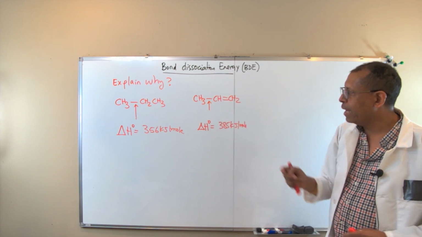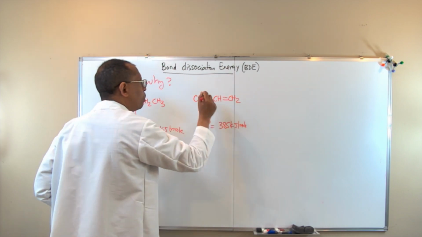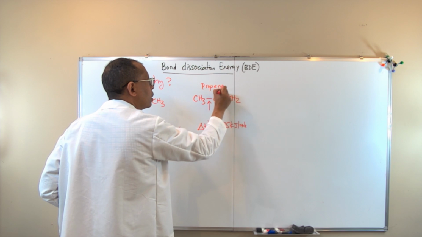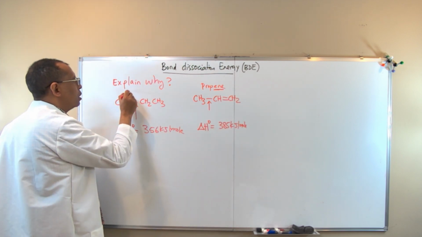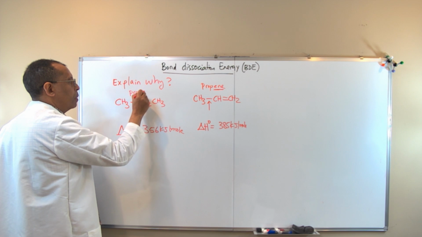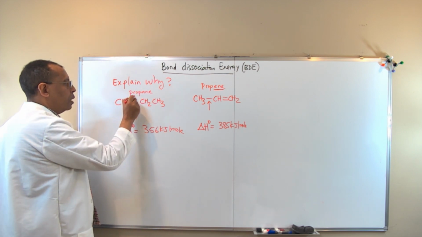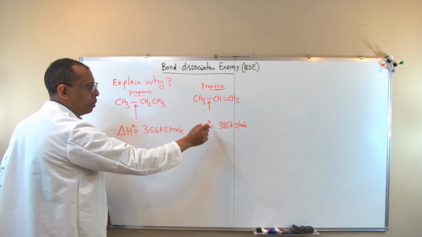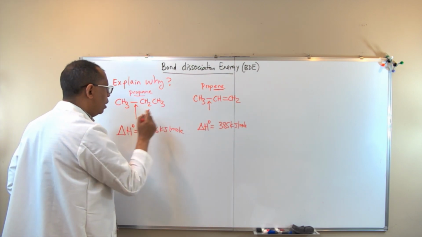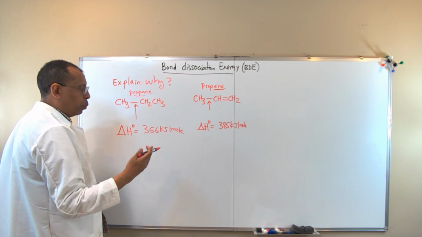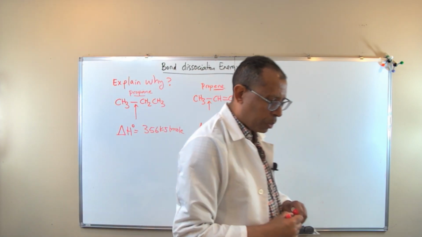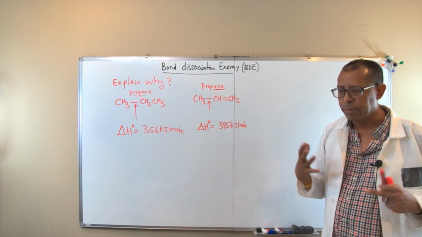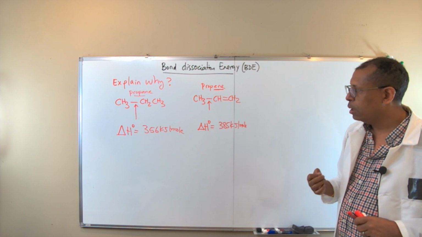One is propene, an alkene, E-N-E, remember this, propene, but this one is propane. In propane, the bond dissociation energy is less than the bond dissociation energy for this carbon. So the indicated carbon is what we are looking at. Here the explanation is very important in terms of concept for the future.